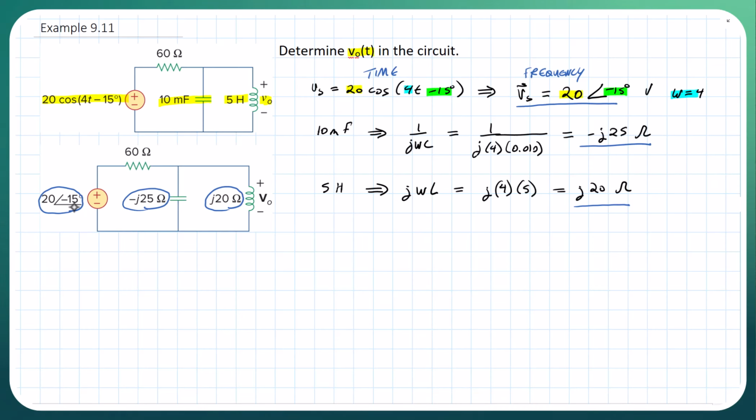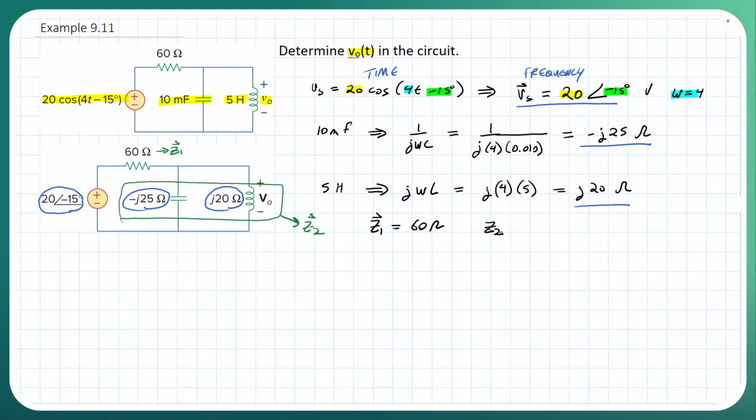And of course our V0 is going to be in phasor domain as well. The resistor stays the same. So now what I'm going to do is take my resistor and call this my Z1, and then the parallel combination between the inductor as well as the capacitor I'm going to call Z2. So Z1 is just 60 ohms.